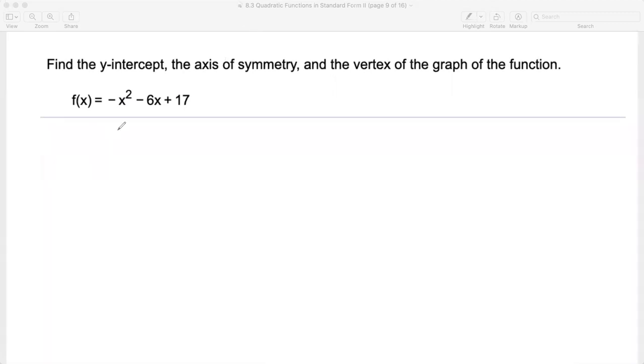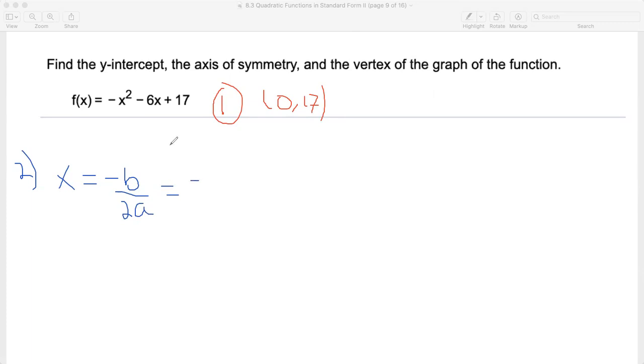All right, welcome back. So your y-intercept is going to be 0, C value. So that would be 0, 17. Your line of symmetry is going to be x equals negative b over 2a. So that'll be negative, oh, let me identify my a, b's, and c's because you've got a lot of negatives here.